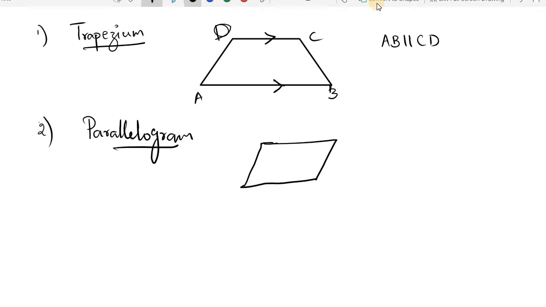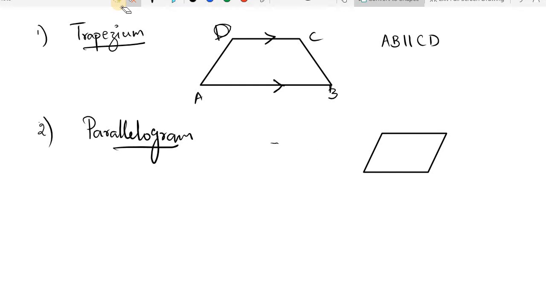Okay, let me draw it again. So if you can see, what I have drawn here is what you would call a parallelogram. Let me mark it A, B, C, and D.